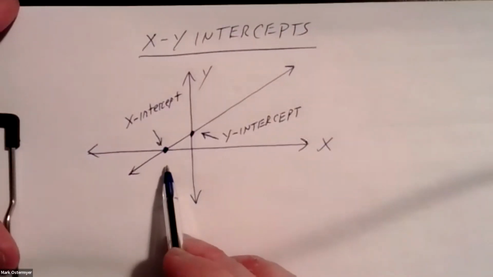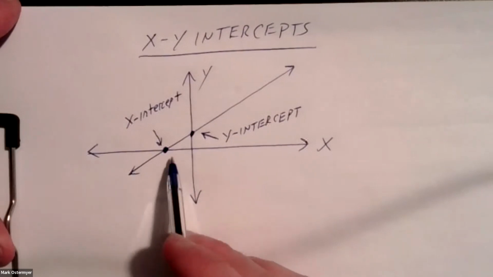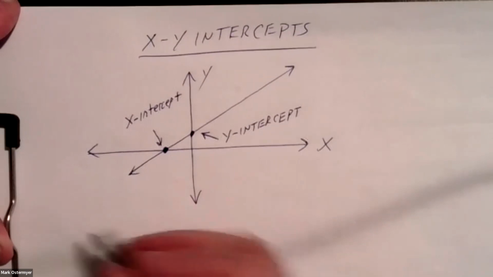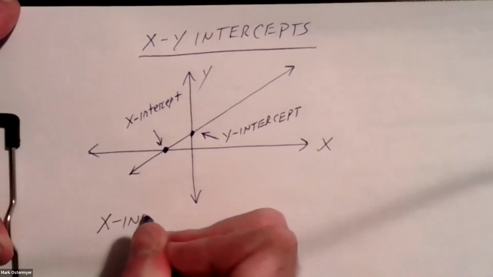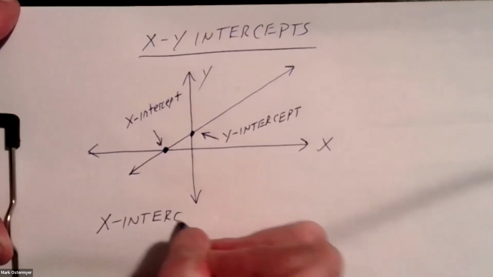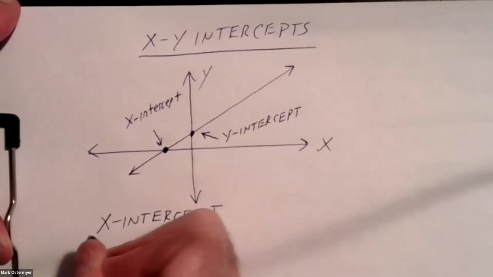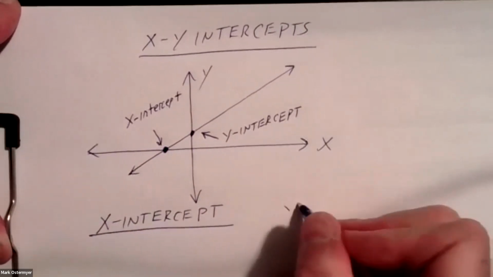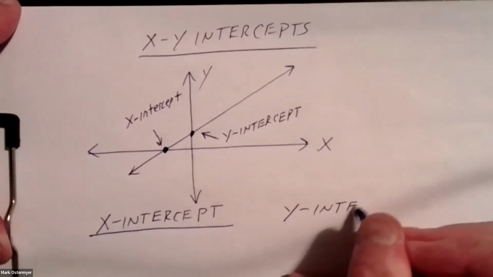Now, notice an x-intercept is always a point that lies on the x-axis. Therefore, since it lies on the x-axis, the y-coordinate has got to be equal to, what do you think? What must the y coordinate of an x-intercept always be equal to?